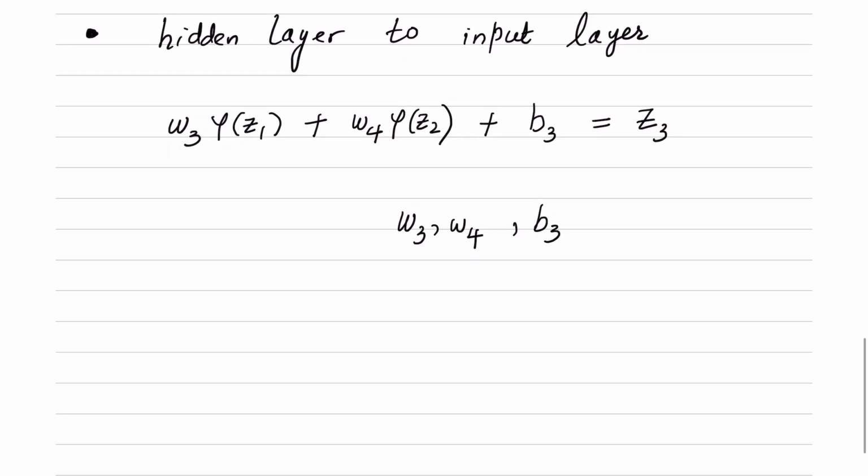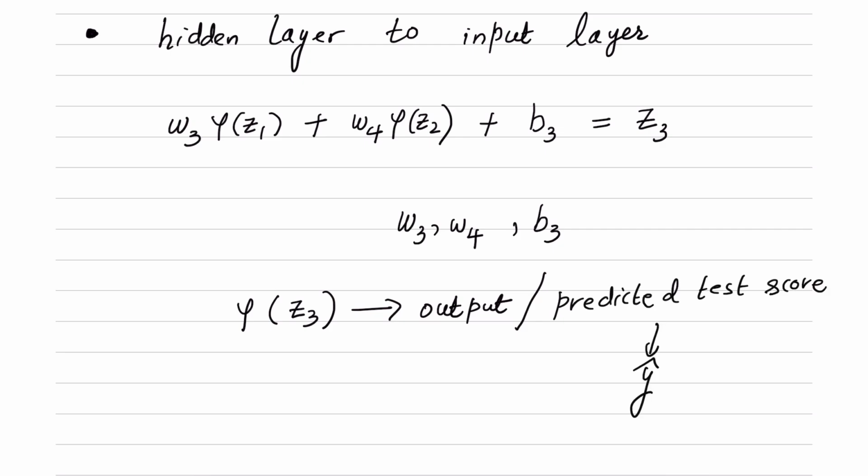Once we find the values of these parameters, we again apply an activation function on Z3, which gives us an output, which in our case is the predicted test score, which we will denote by y cap.